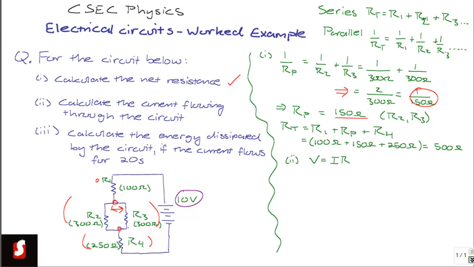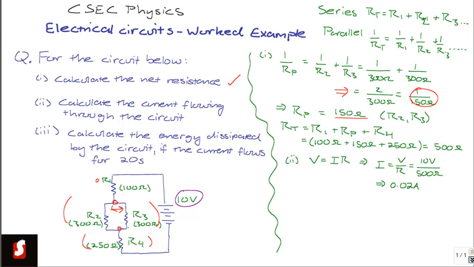I is equal to V over R. So we know that the battery voltage is 10 volts, and we know that the resistance of the circuit is 500 ohms. This gives us a current of 0.02 amperes. That is the current flowing through the circuit.